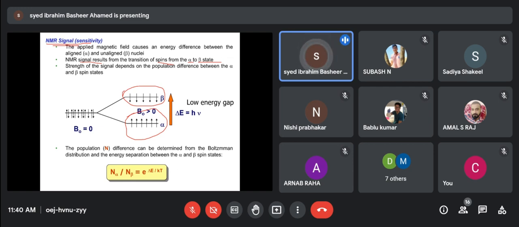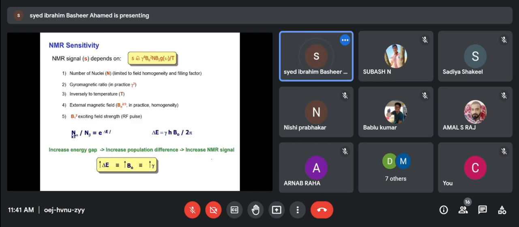The population difference can be determined from the Boltzmann distribution and the energy separation between the alpha and beta spin states.